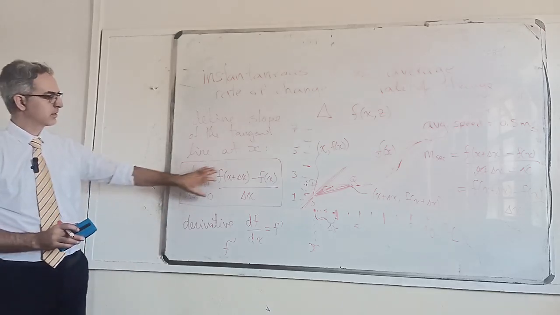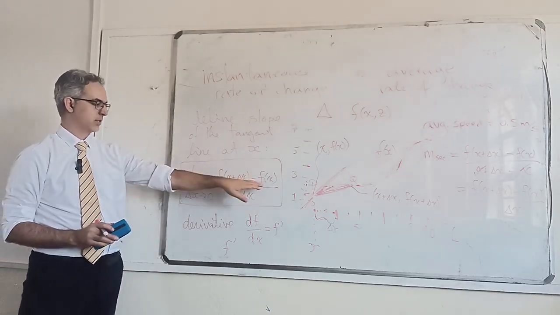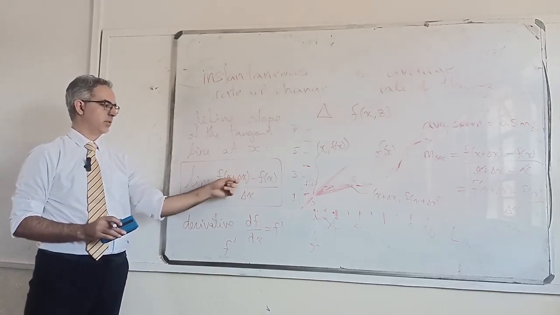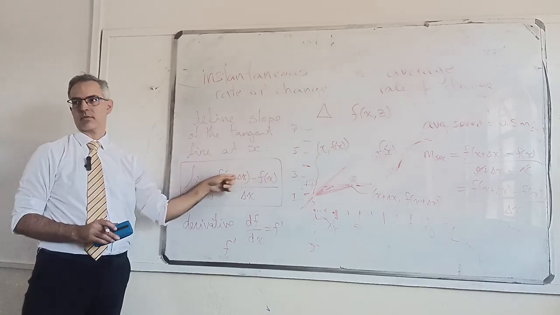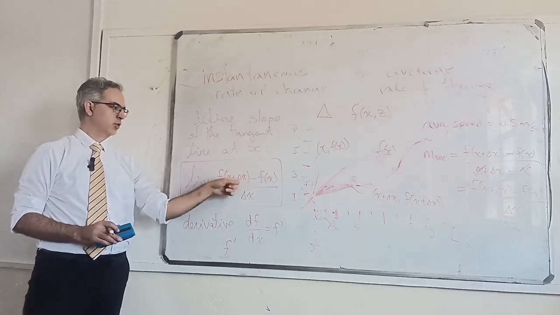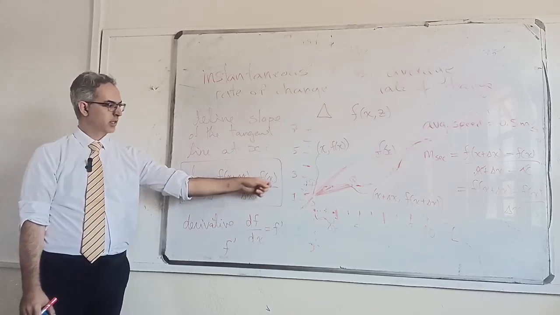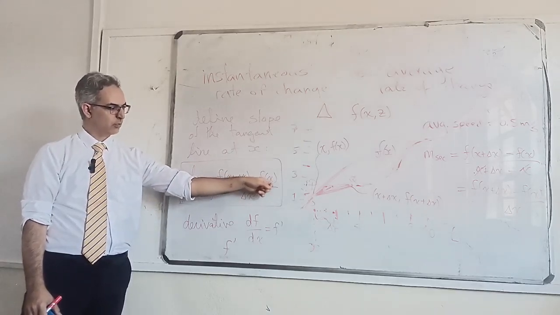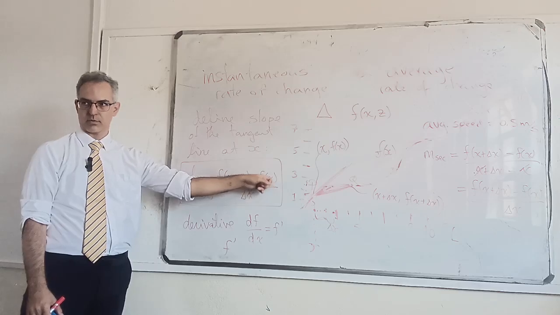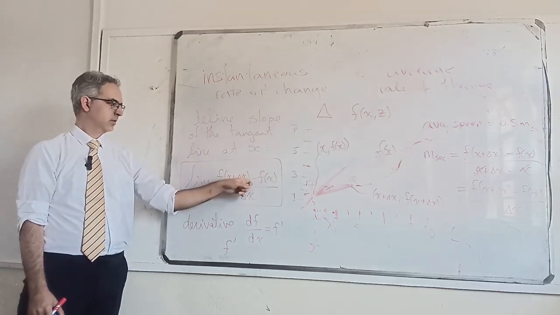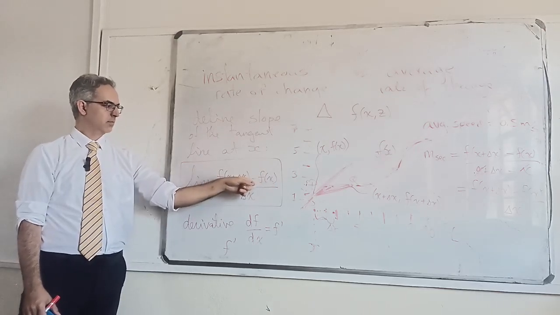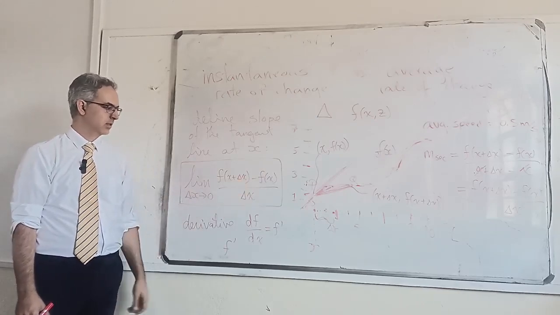It's the same function f, but with different inputs. This is the function f, and you feed in x plus delta x. And in this one, it's the same function f, but you put in x by itself. So two different numbers. You take the difference between them, and you divide by delta x.